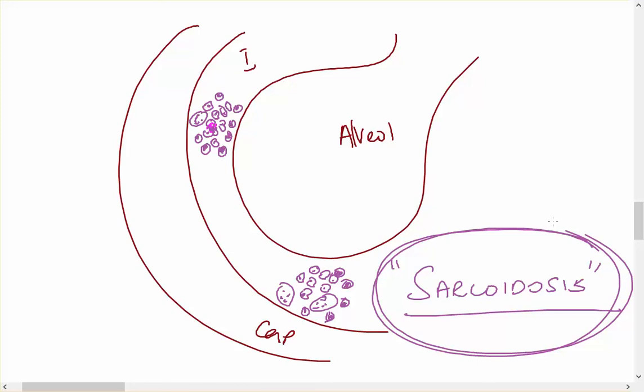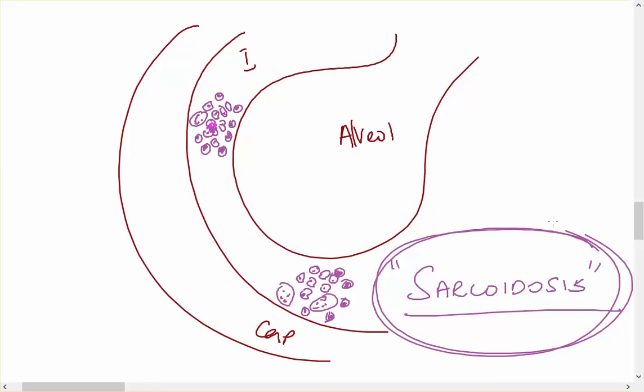Then that will activate the macrophage, and interferon gamma acts on the macrophage to fuse the lysosome and the phagosome. Here there is no phagosome itself, because we don't know what causes the stimulation. So that's why they don't create necrosis. They create only the granuloma without necrosis. So it is a non-caseating granuloma.